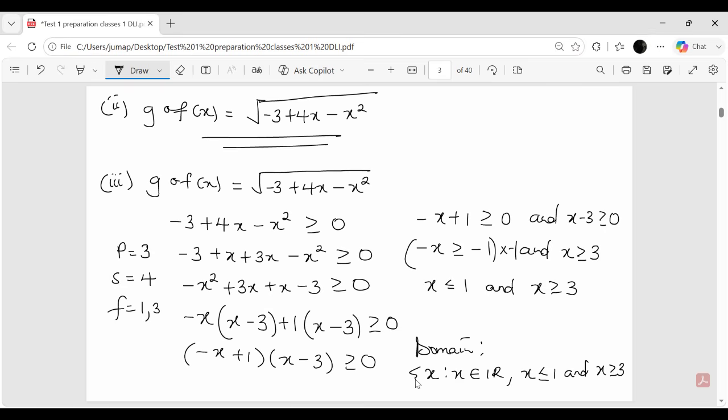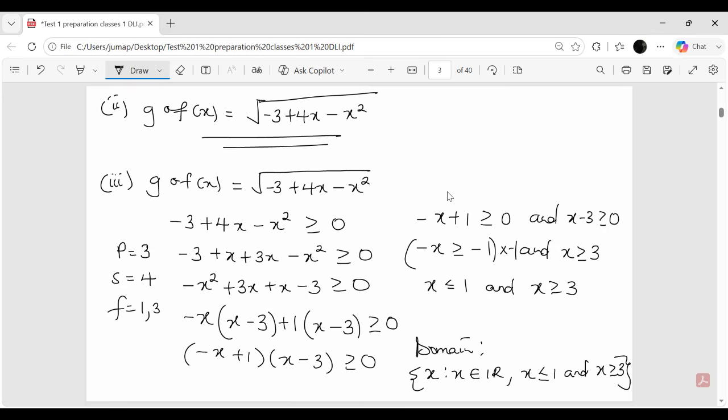So this is your domain when you write it in set builder notation. Are we together? Yes. Okay. So that is what you're going to write. So these are the only values.